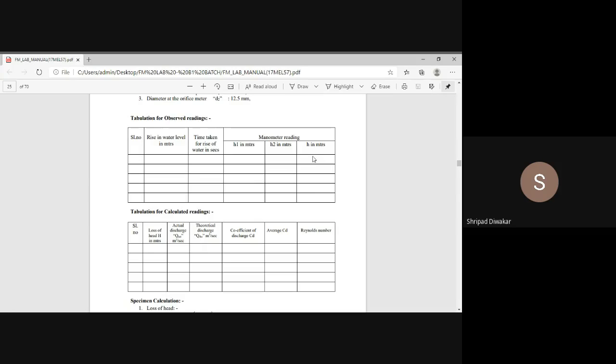H is 8.7 minus 3.4. Second one, note down. Only two. 8.7 meters. Yeah, everything is in meters already.